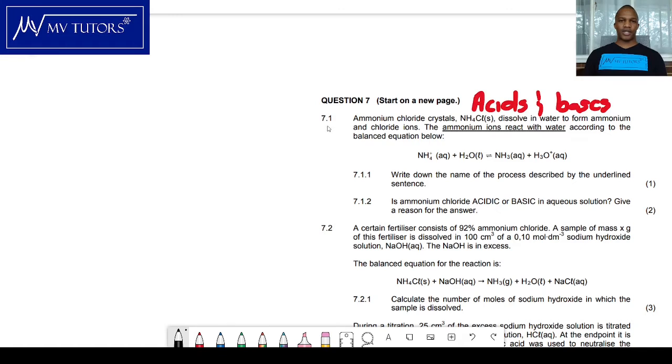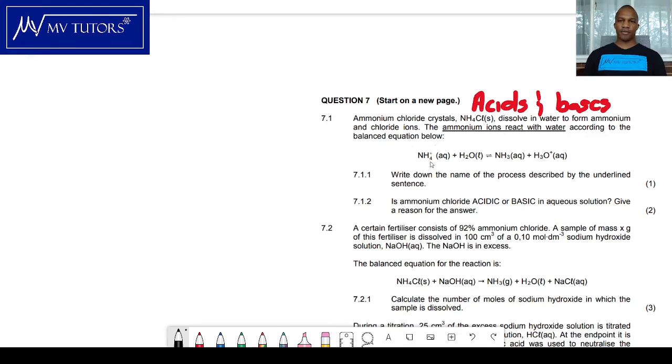So it says ammonium chloride crystals, there they are, dissolve in water to form ammonium and chloride ions. The ammonium ions react with water according to the balanced equation below.